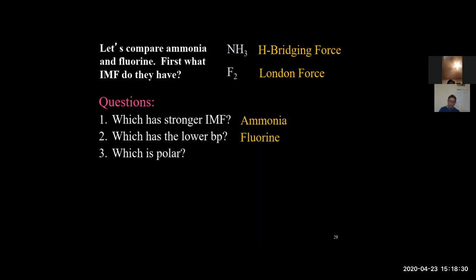Okay, which one is polar? Well, we defined that earlier. NH3 is polar, ammonia. Okay, fluorine is diatomic, automatically a nonpolar compound. Which has the higher vapor pressure? Here, the one with the weaker force, which would be fluorine.